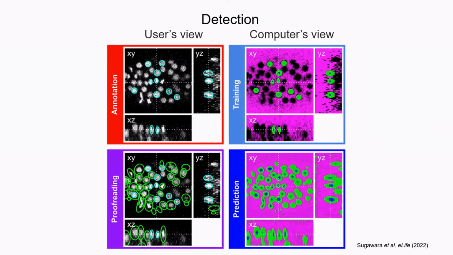In the detection step, the user first starts by putting a small amount of sparse annotations. Then these sparse annotations are converted to the training labels. Here, the green is the cell periphery region, and the blue areas are cell center regions. The background is colored in magenta, and this can be either explicitly specified, or intensity thresholding also works for fluorescence imaging.